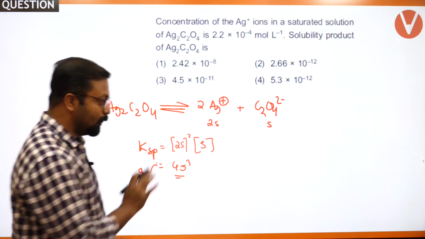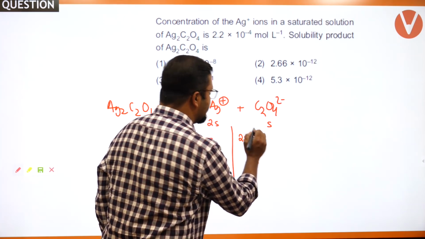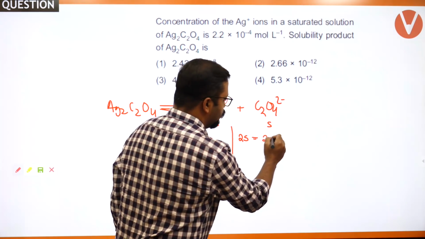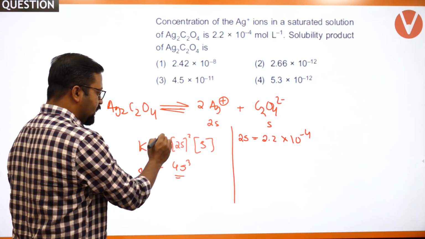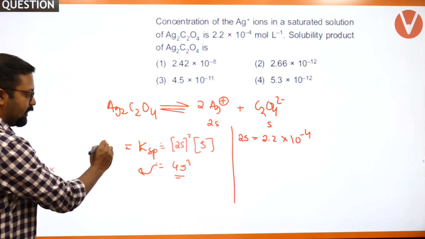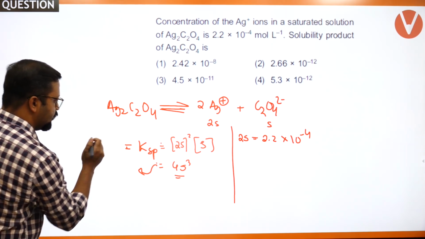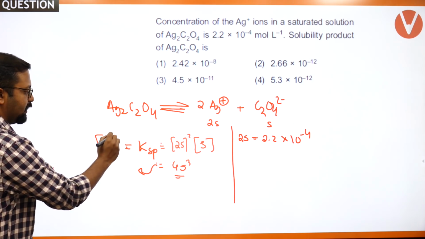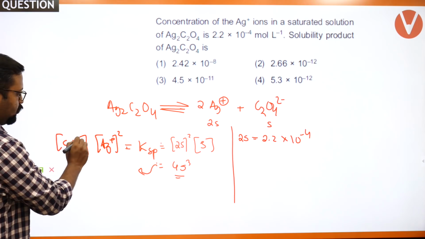No, not for now, because it is already given that 2S is equal to 2.2 × 10^-4. Whenever Ksp is written, it will be written as Ag+ squared times C2O4 2-.